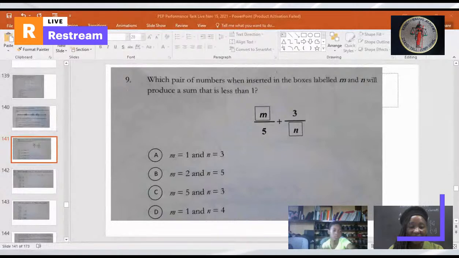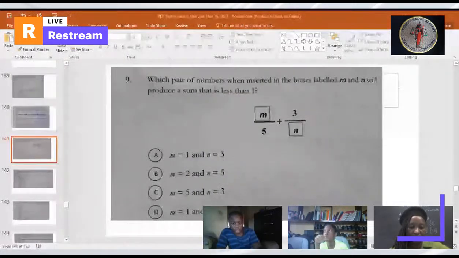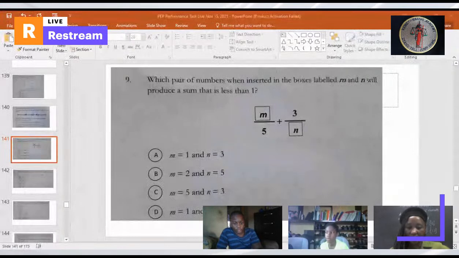Find the LCM of 5 and 4. 1/5 plus 3/4. Quickly. What do you get?